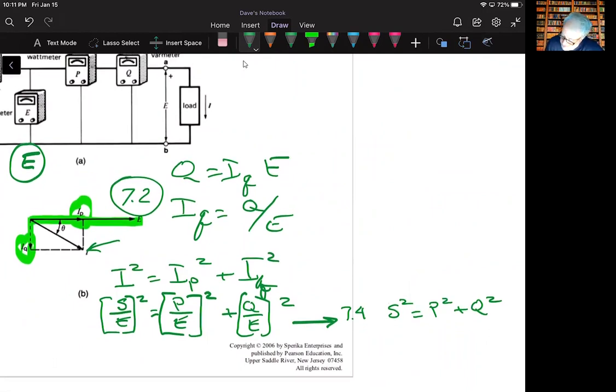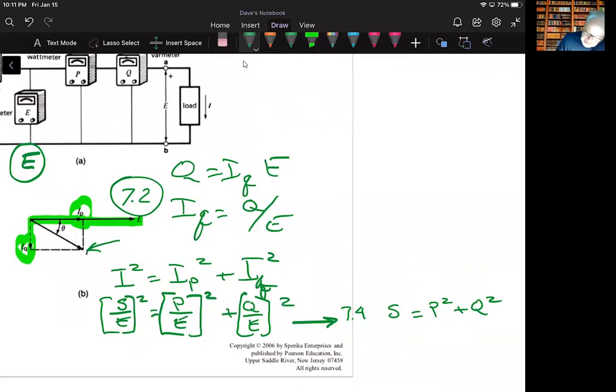The apparent power squared is equal to the active power squared plus the reactive power squared. And of course, that can be solved depending on what we want. If we wanted to determine S, we'd take the square root of both sides. We could do all these different calculations as we go through that, but let's wait and see what he wants us to do.